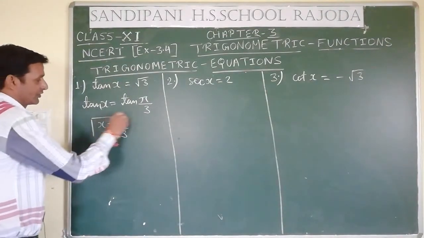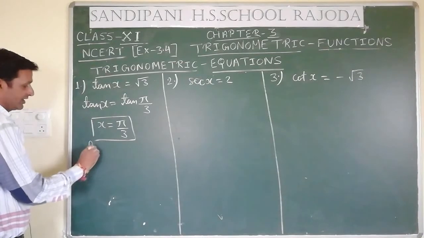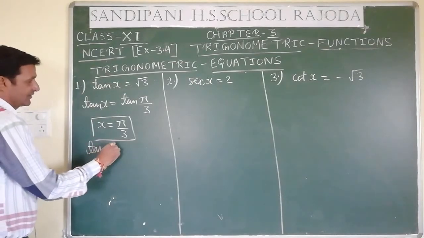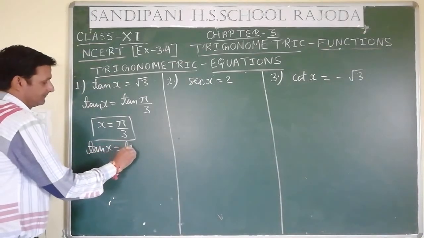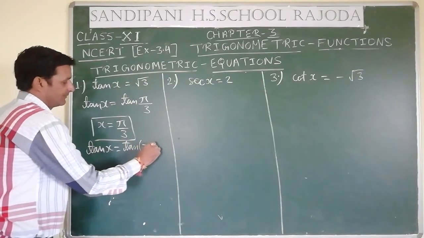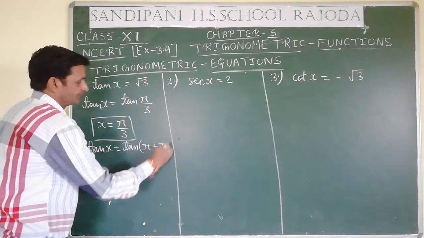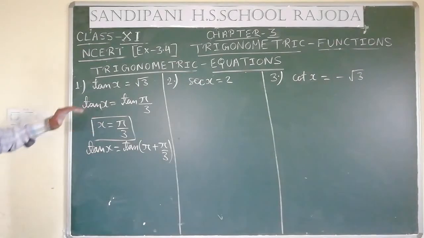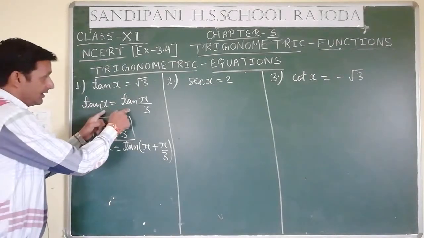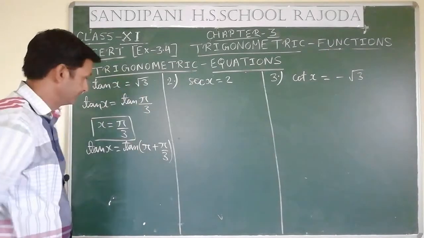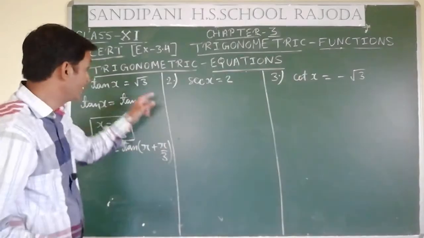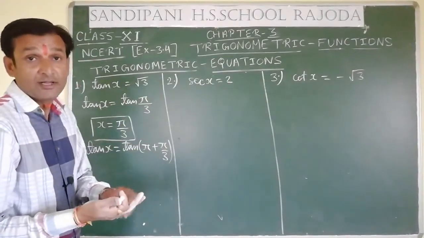This is one conclusion. But we may proceed like this: tan x is equal to tan of pi plus pi by 3. Why is it so? Let us talk about this. It is 60 degrees directly, but a positive value is also possible in the third quadrant.